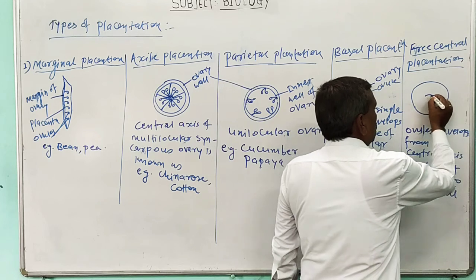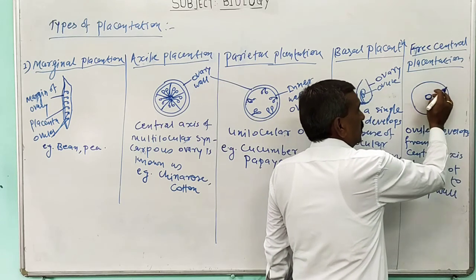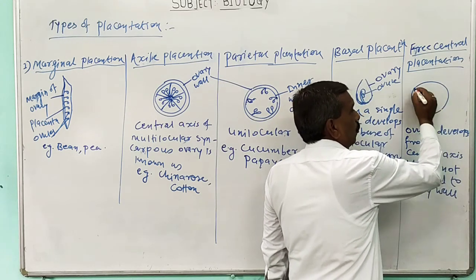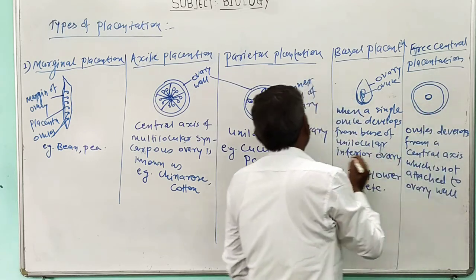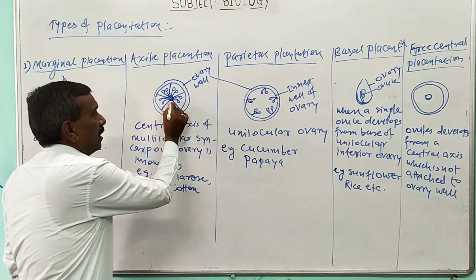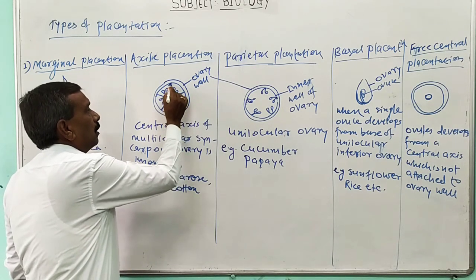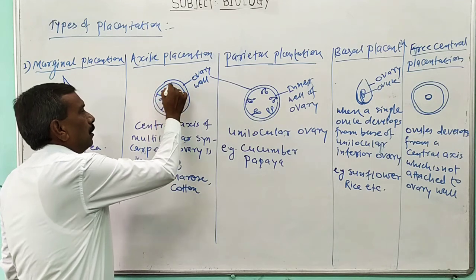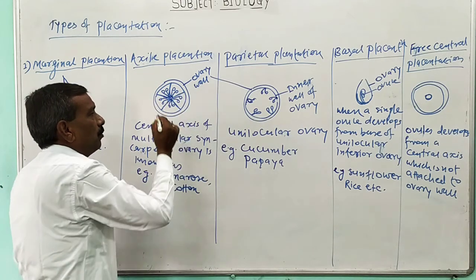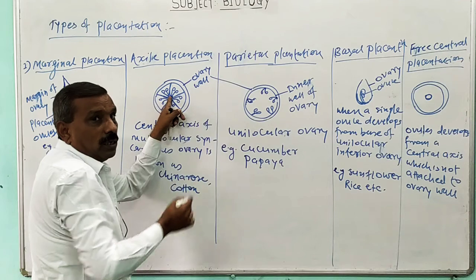Now suppose this one is the central axis, and this central axis is not attached to the wall of the ovary. In axial placentation, the central axis remains attached with the help of the dividing walls to the ovary wall, and the chamber walls remain attached with the placenta.